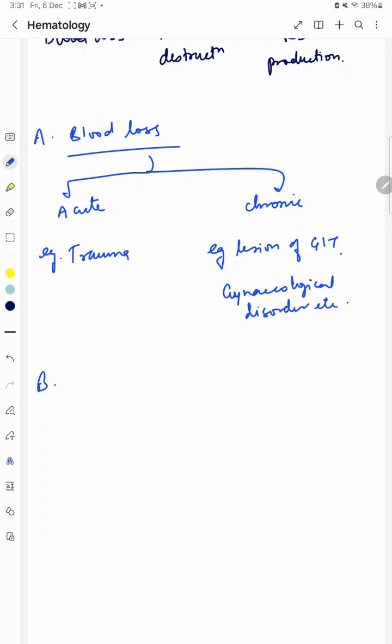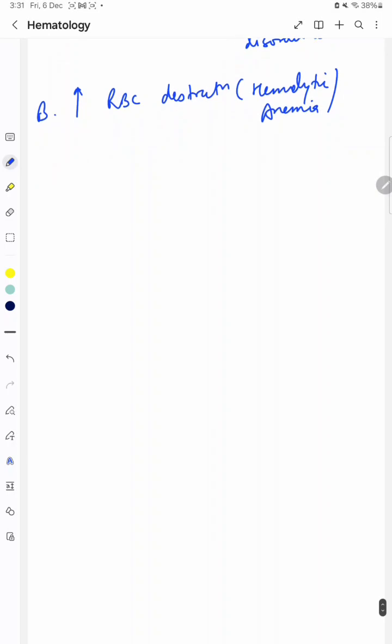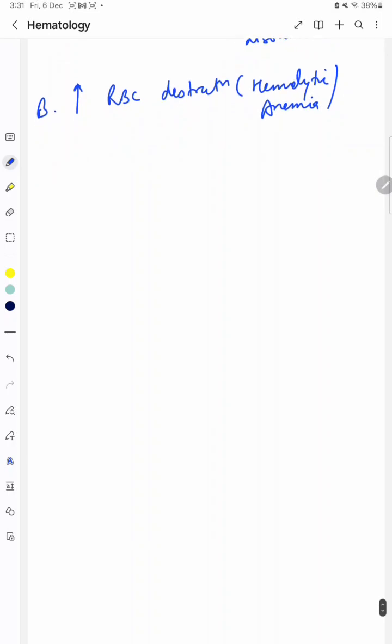Now the second category is increased RBC destruction, or hemolytic anemia. So there are multiple reasons for increased RBC destruction. We will cover them one by one.